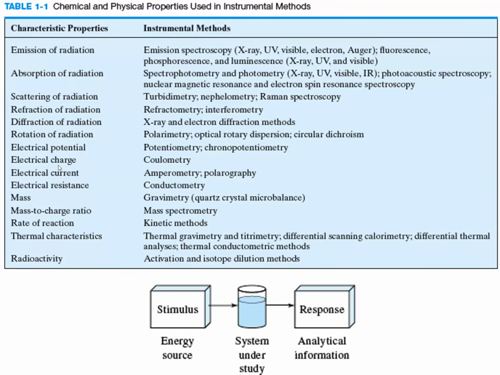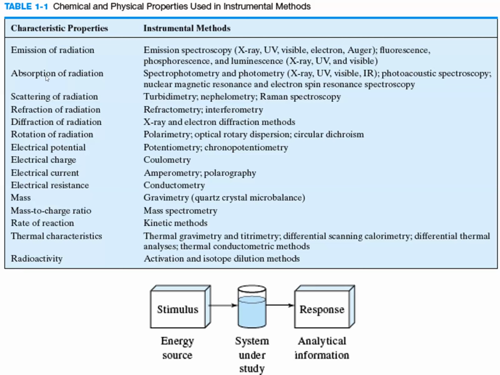If you measure the electrical charge, then we talk about an electrochemical method known as coulometry. If you measure the current, then we have amperometry or polarography. And if you measure resistance, then you're doing conductometry, and you can measure the resistance of any given material and characterize that material.